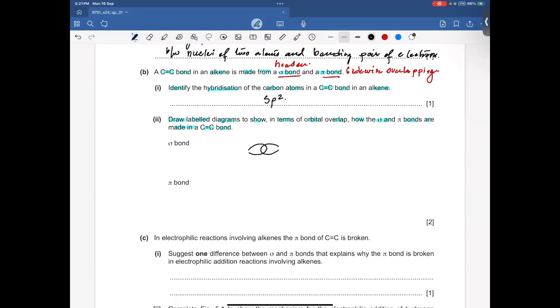This is head-on overlapping. This is between carbon atoms. This is the s orbital of a carbon atom. This is another s orbital of a carbon atom. So both of them undergo head-on overlapping, so that you will get the sigma bond.